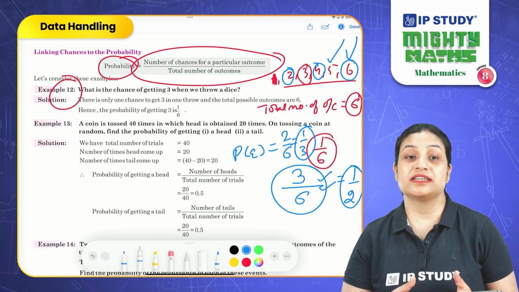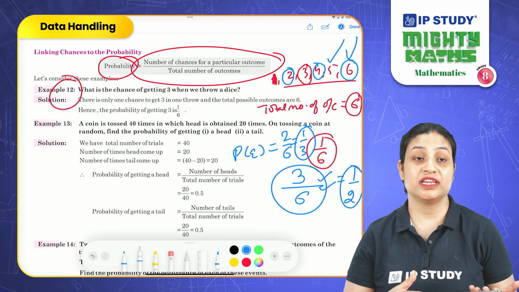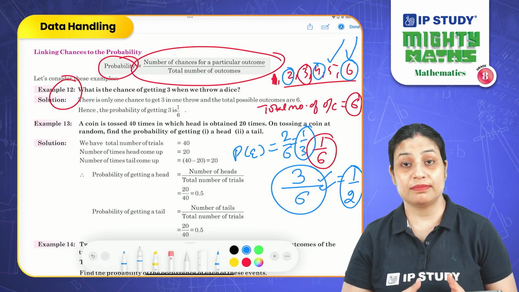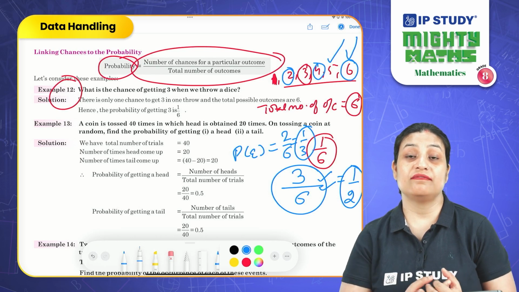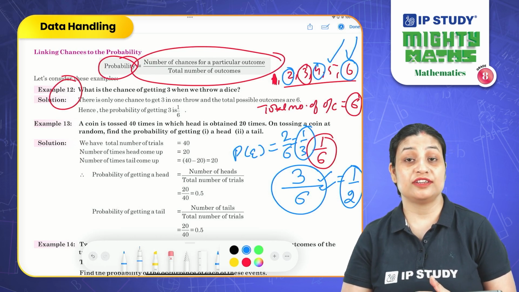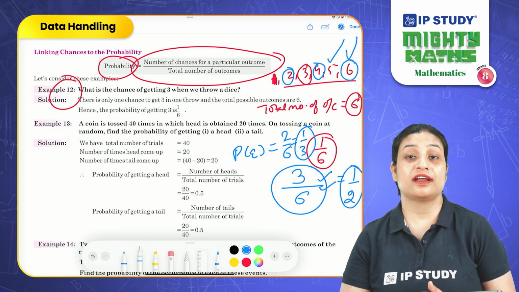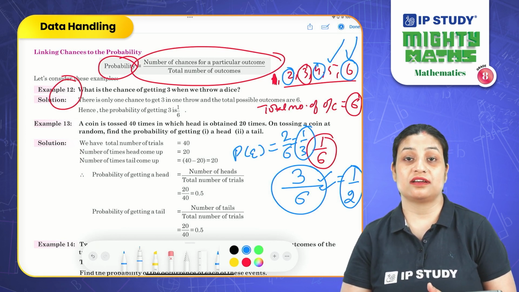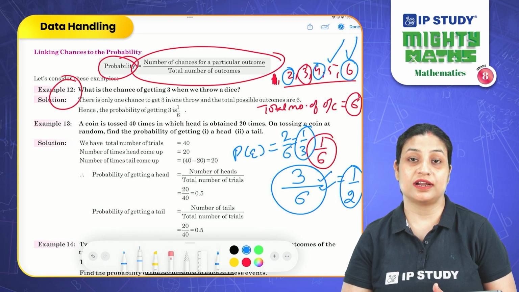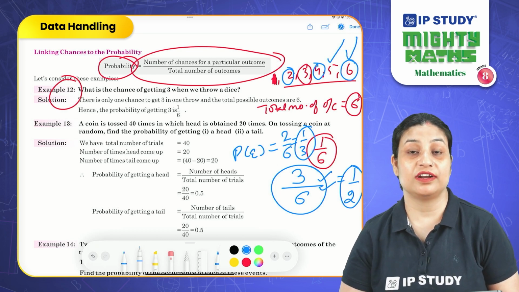Then we have discussed how to compare two data sets using a double bar graph, where we learned how to interpret a double bar graph and how to draw a double bar graph as well. Then we have discussed a very important new topic for you, that is the pie chart, how to draw a pie chart and how to read a pie chart. And thereafter we just discussed probability, right? So I hope you have understood the topics that we have covered in this lecture.